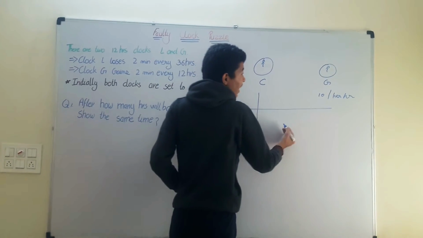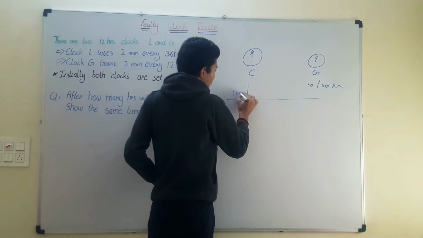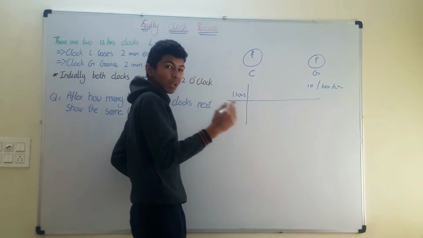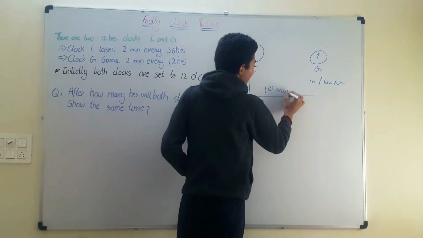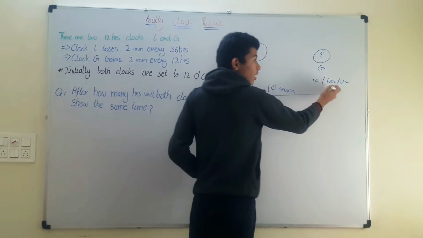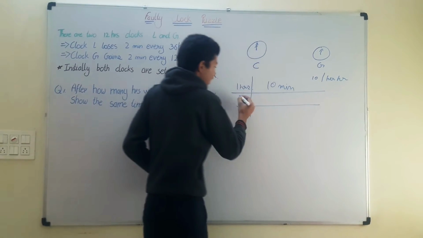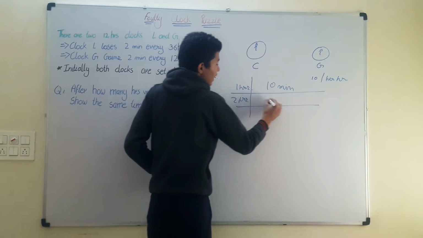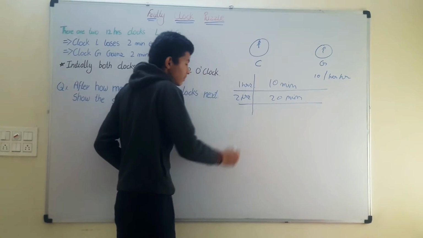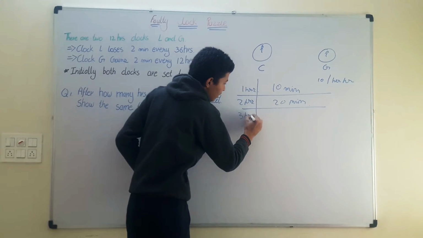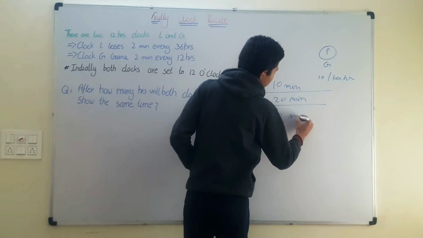So after 1 hour has passed, the difference would be 10 minutes. This would show the correct timing and this would be ahead by 10 minutes. In the second hour it would be 20 minutes, and in 3 hours it would be 30 minutes.